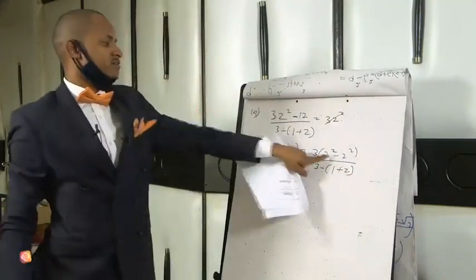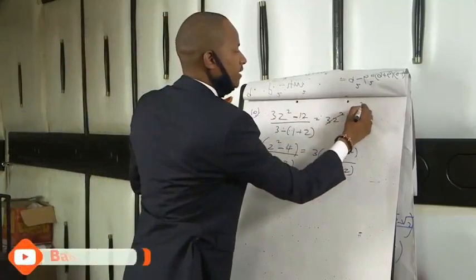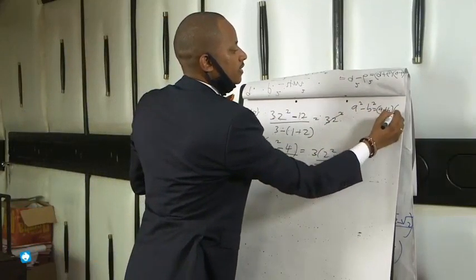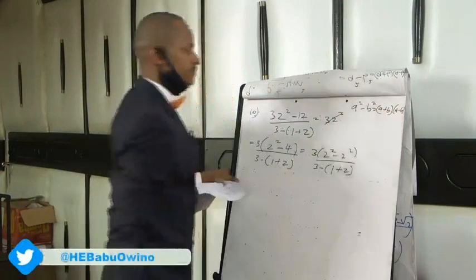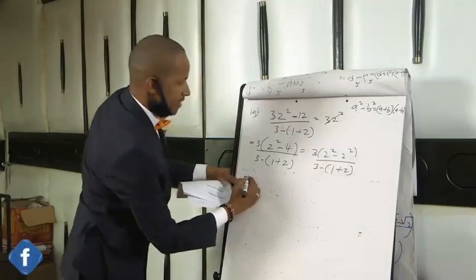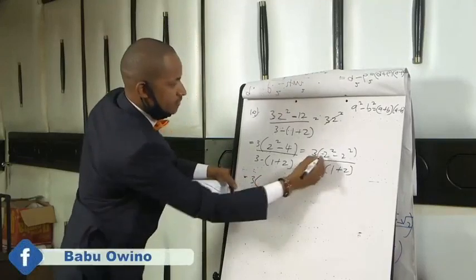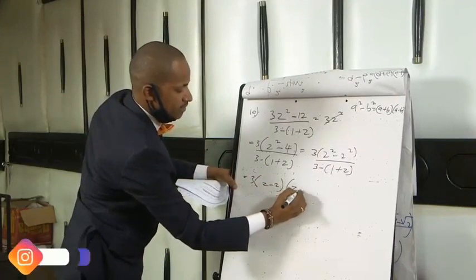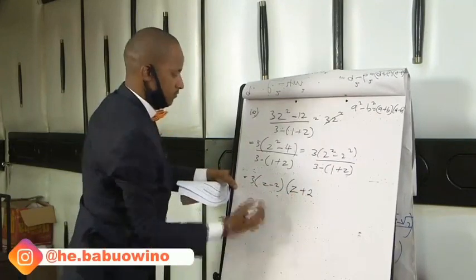So this is the difference of 2 squares, and we say the difference of 2 squares, a squared minus b squared, is equal to a plus b into a minus b. So you only replace this by saying 3 into z minus 2 into z plus 2.